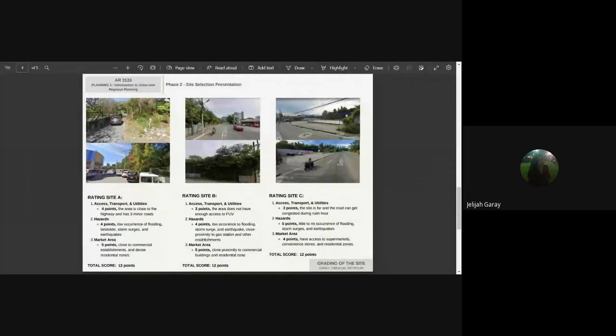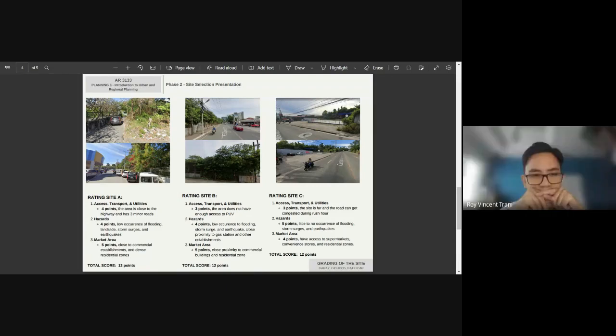For the hazards, it's only 4 points because of the low occurrence of flooding, storm surge, and earthquake. However, it is also in close proximity to a gas station, which is a potential hazard. And for the market area, it's 5 points because it's in close proximity to commercial zones, buildings, and residential zones, for a total score of 12 points.